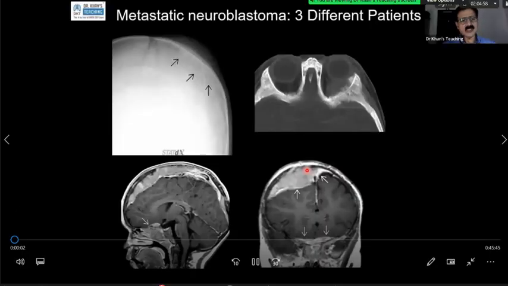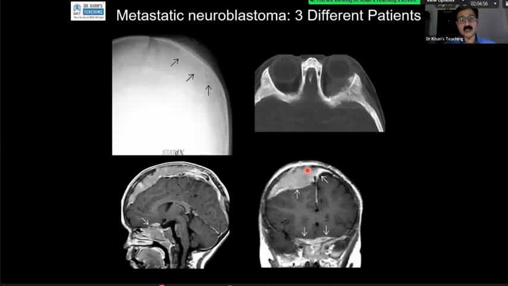Now, metastasis from neuroblastoma, they will show you skull X-rays. Remember this, skull X-rays, in which there will be a destructive lesion like this one, where there is some thickening and some soft tissue. Mets from neuroblastoma versus leukemia, both of them can cause this. And this MR tells you actually the pathophysiology, and you can make the radiology.